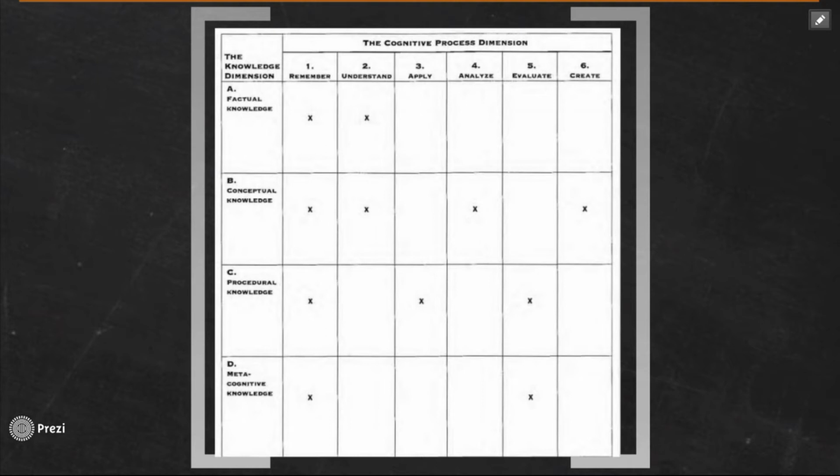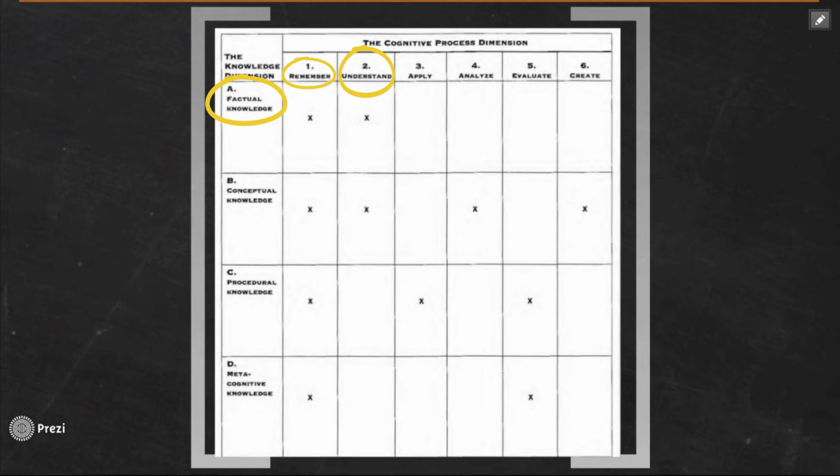If the student has the ability to remember and understand, this is a low thinking order, so they are only in the factual knowledge dimension.